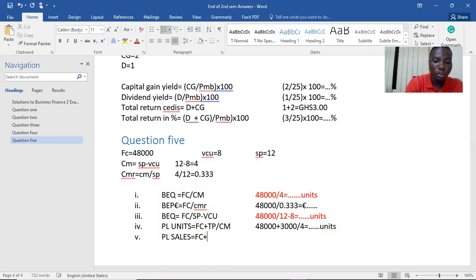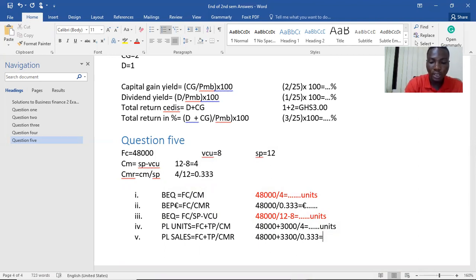So fixed cost plus target profit, all divided by contribution margin ratio. So 48,000 plus 3,300, all divided by 0.333.